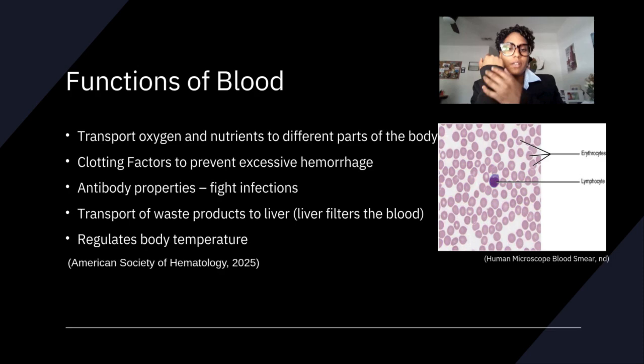Vasodilation is whenever blood vessels near your skin dilate to be able to release heat from your body. And then vasoconstriction is whenever your blood vessels constrict in order to maintain heat, or keep the cold from being transported throughout your body.